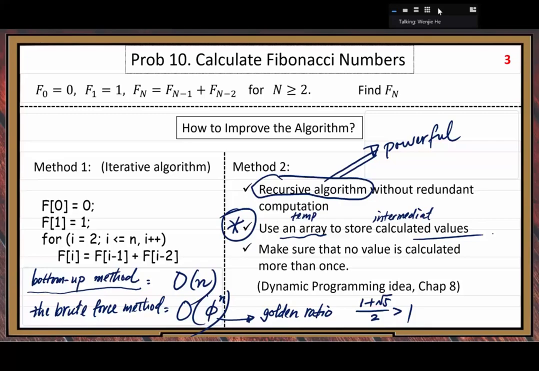It's a topic in chapter 8. Actually, it's a graduate student topic, but here we need to use it, so I give you a short introduction. In our project number 2, we will apply this dynamic programming algorithm.